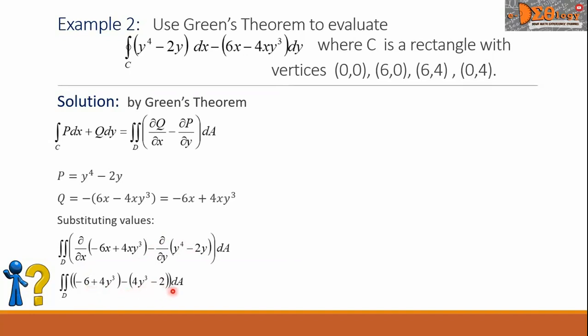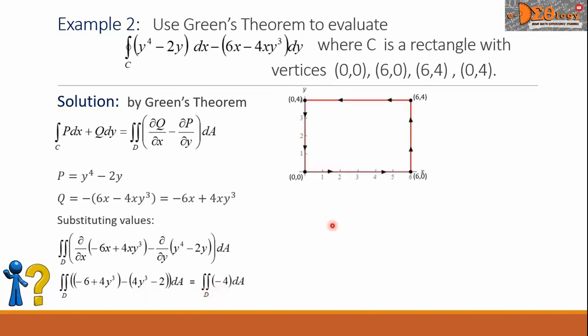If we remove the grouping symbol here, we can combine these two functions into a single simple one, and that is negative 4.